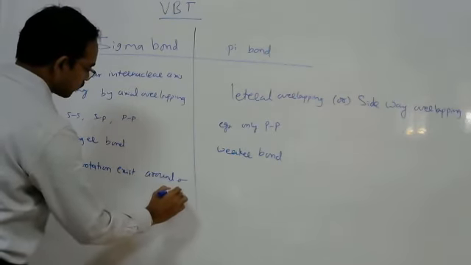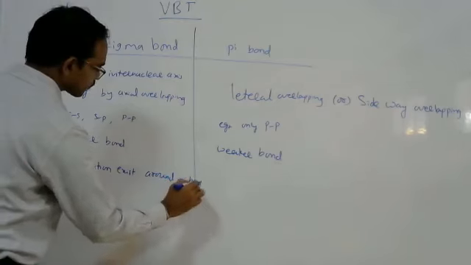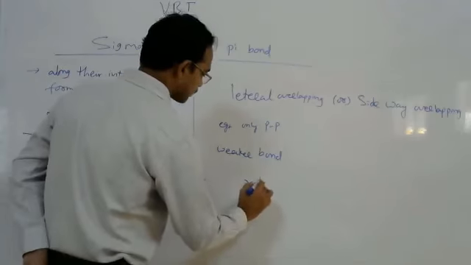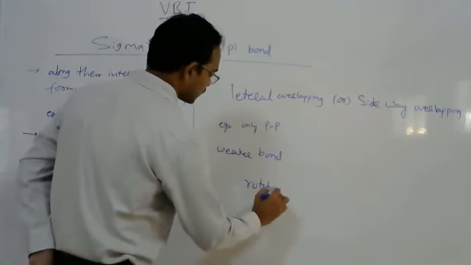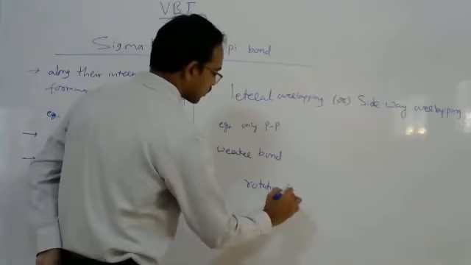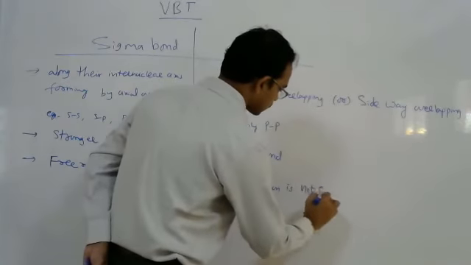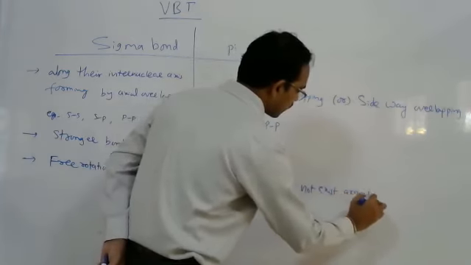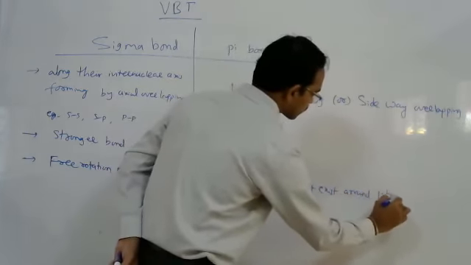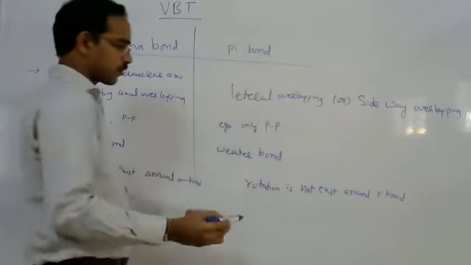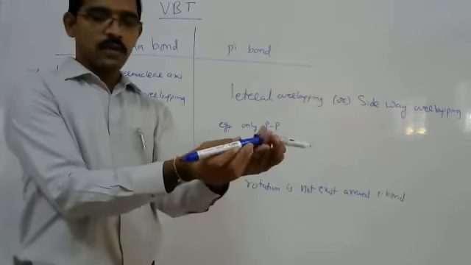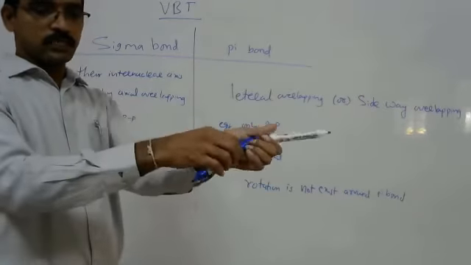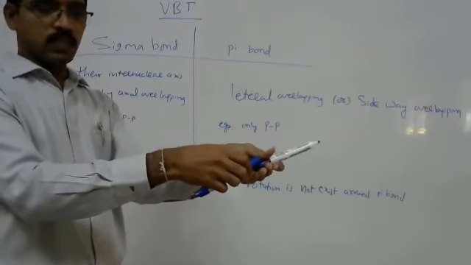Rotation does not exist around pi bond. ये पॉइंट समझ गए? See here, ये two orbitals हैं, direct overlapping था, ठीक है? So those can rotate like this.